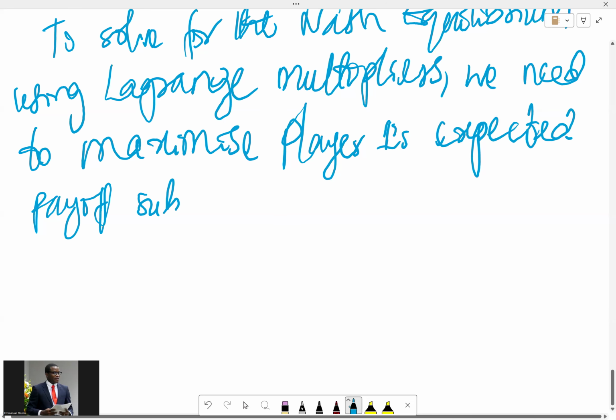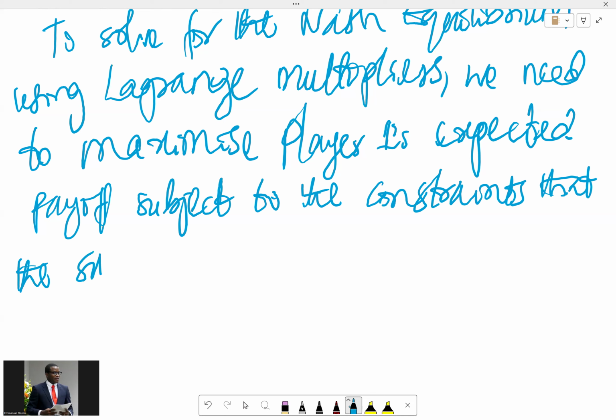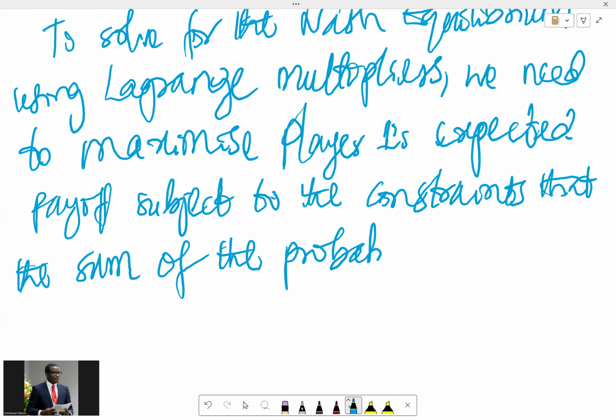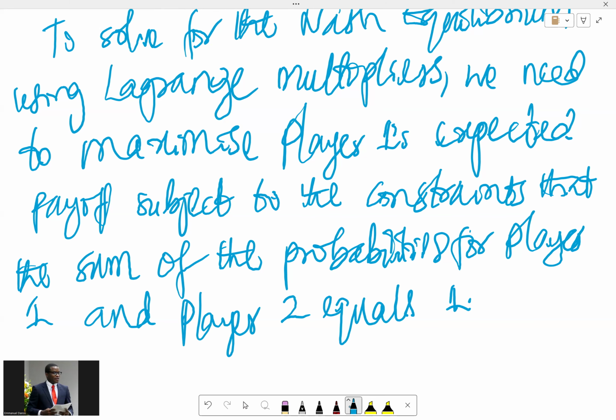subject to the constraints that the sum of the probabilities for player one and player two equals one. Okay, that's a very important constraint.